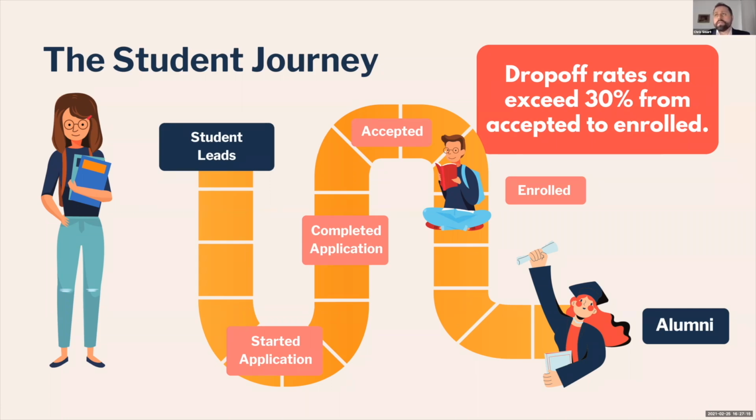Again, we tend to think of the process just from our perspective. So we've asked them for X, Y, and Z. They've completed X, Y, and Z. So we will now give them a confirmation, and then they will accept. The truth is, of course, that they've complied with your requests because they feel that they have to.